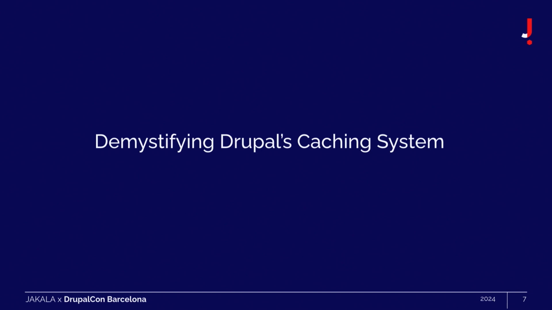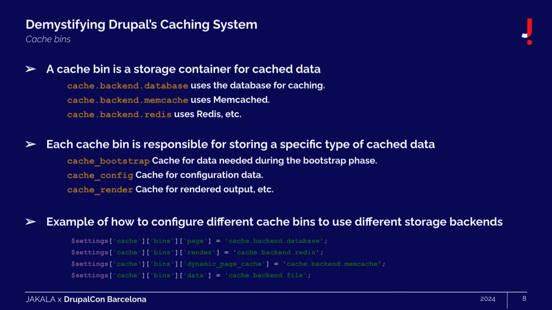So the first part will be about demystifying the Drupal caching system. I decided to start with the first thing: cache bins. Cache bins are basically storage that keeps the cached data. The storage can be of different types: database, Redis, memcached, custom files.